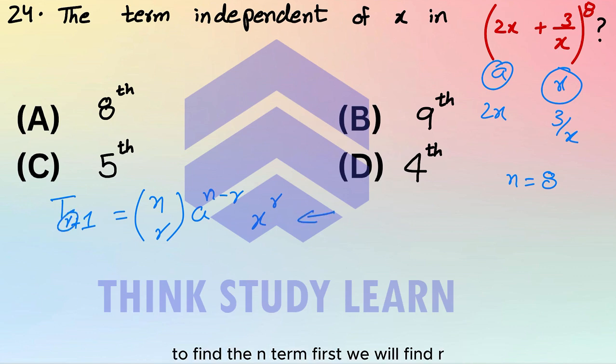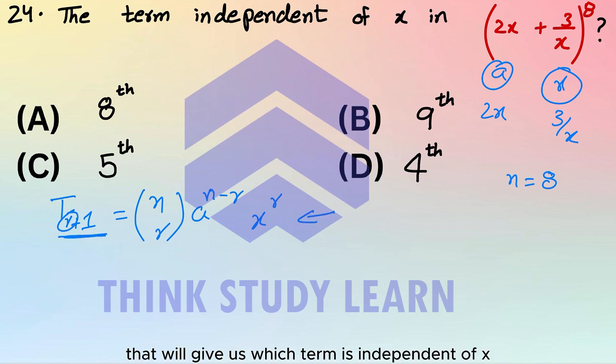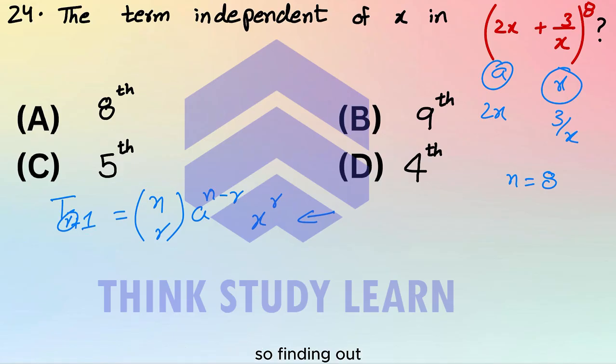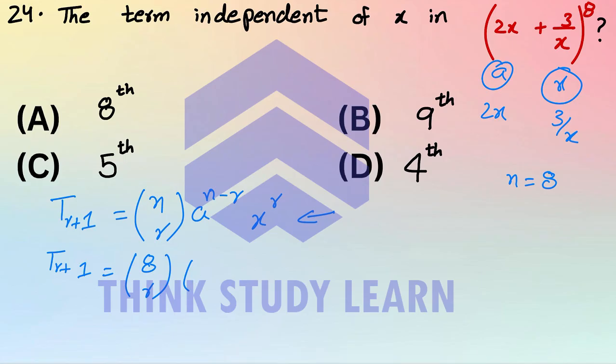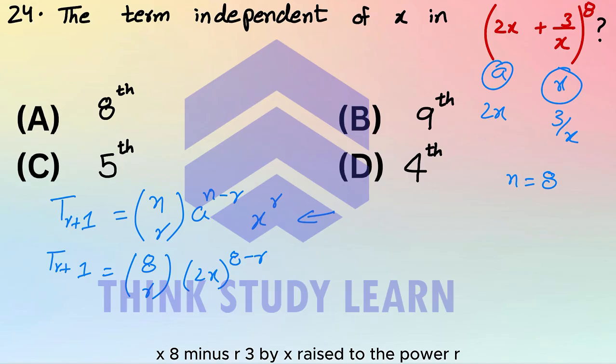First we will find r, that will give us which term is independent of x. So to find out r, we will put values: 8Cr, a is 2x, so (2x) raised to 8 minus r, (3 by x) raised to the power r.